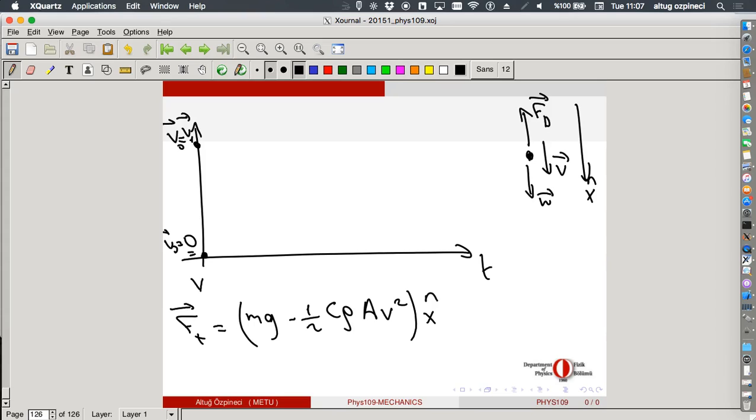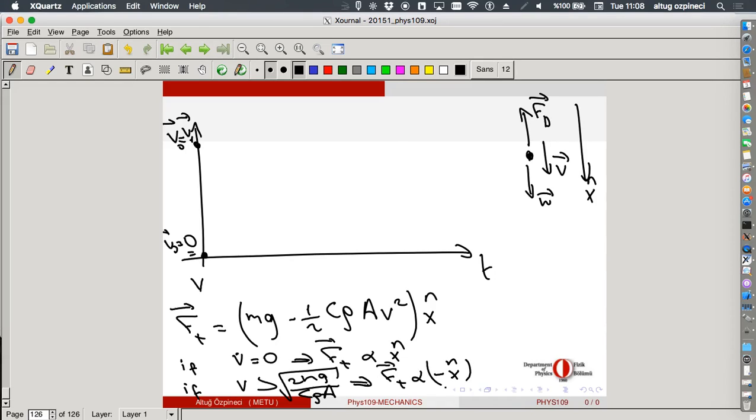Others? So if v is equal to 0, the total force is in the plus x direction. If v is larger than the square root of 2mg divided by C rho A, then the total force is in the minus x direction. If v is very large, this term is very large, this term is negative. So if this term is larger than this one, the total force is in the minus x direction.